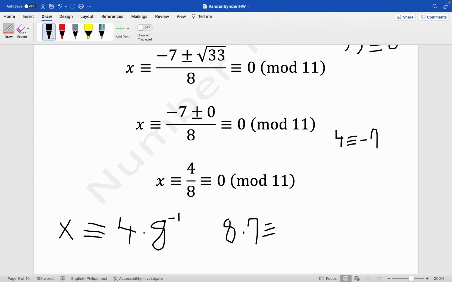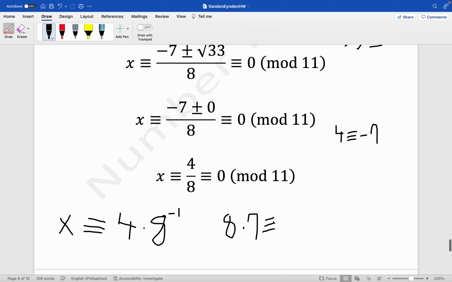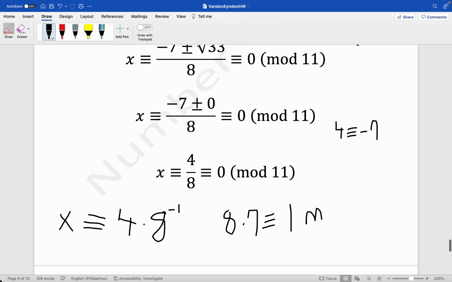I'm going faster than I would if I was doing it by hand. 8 times 7 is congruent to 1 mod 11. So you see 8 times 7 is literally equal to 1 mod 11.